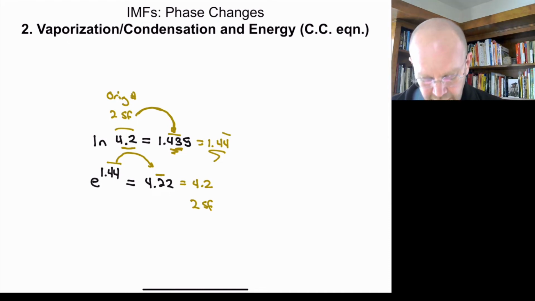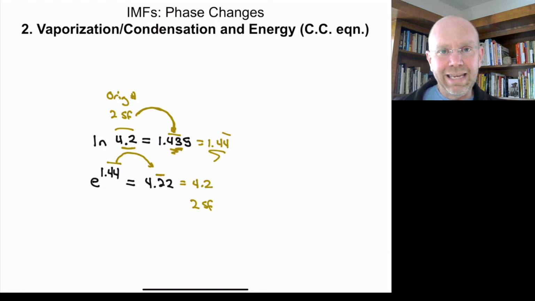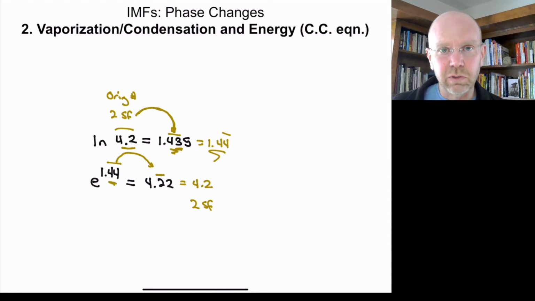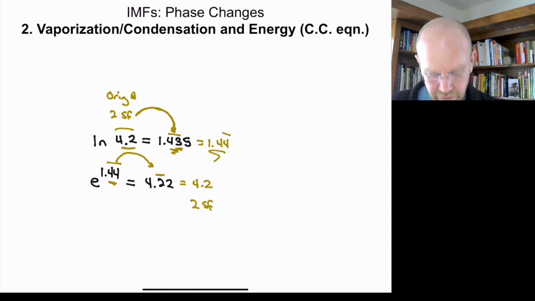Conversely, if you're taking the anti-log, it's the number of digits after the decimal in the thing you're taking the anti-log of. So if you take e to the 1.44, you get 4.22, and there are other digits. But the total number of significant figures in the answer is the number of significant figures that follow the decimal place in the thing you took the anti-log of.